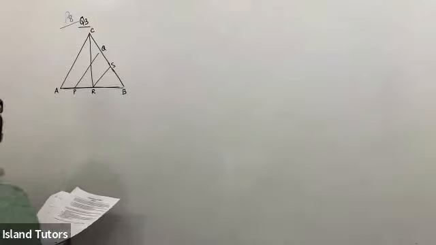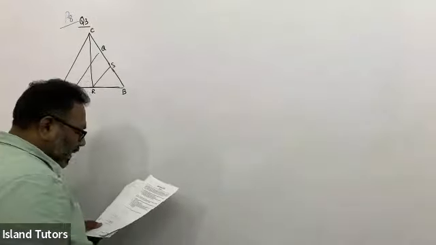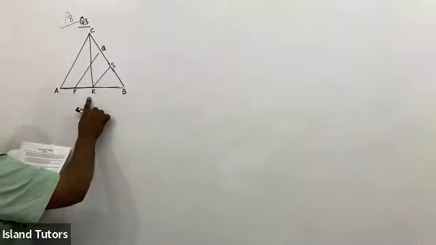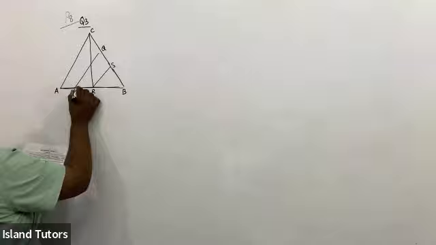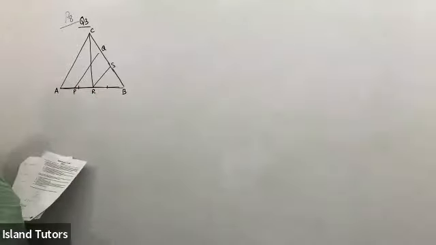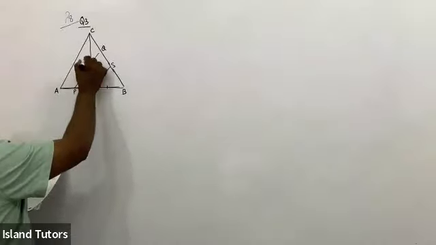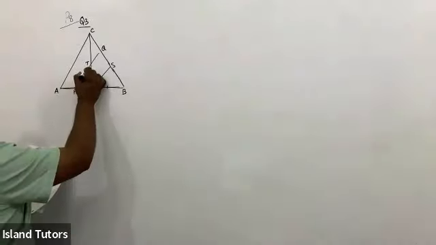Okay. So they are saying R is the midpoint of AB, so this side and this side are equal. And T is the midpoint of CR. And PQ is parallel to RS.